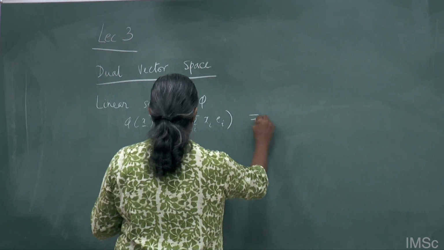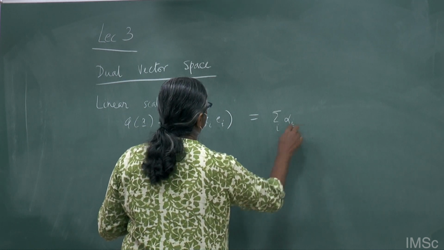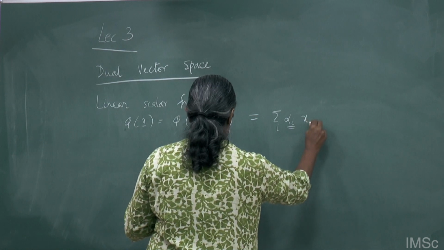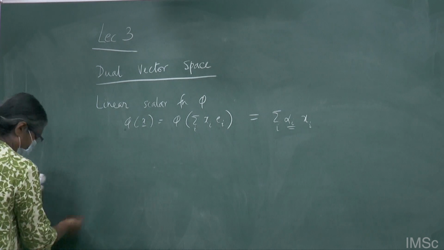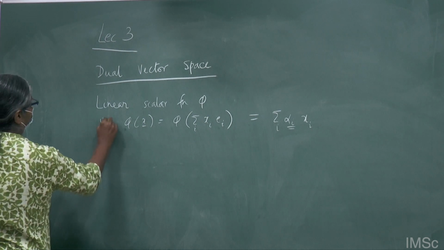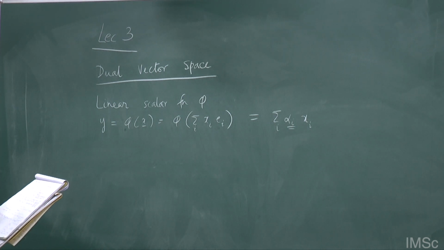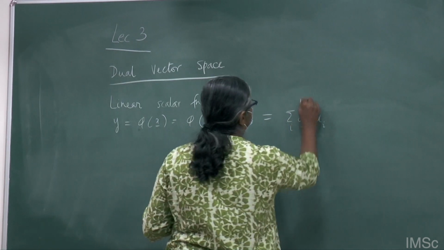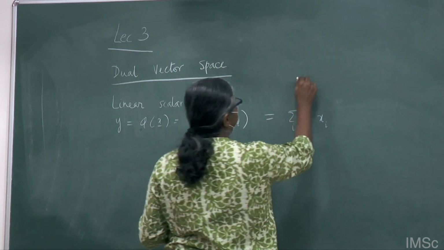So this is some component alpha, the ith coefficient of some function y is equal to f of x. This is the action of phi on ei, right?